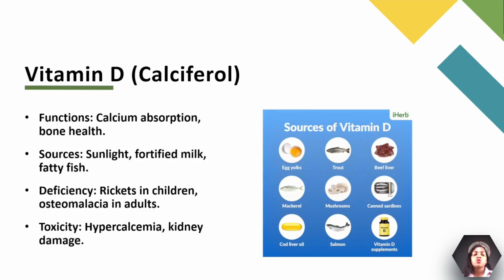Whereas osteomalacia is similar to rickets, meaning it is also related to the bones, but it starts when the bone is fully developed. In that condition the tendency of breaking bones is high, meaning bones are fragile. Now toxicity can lead to hypercalcemia and kidney damage in the body.